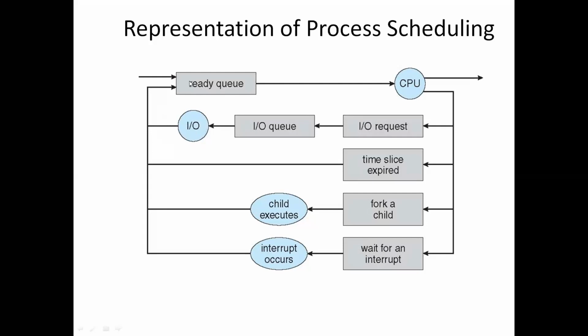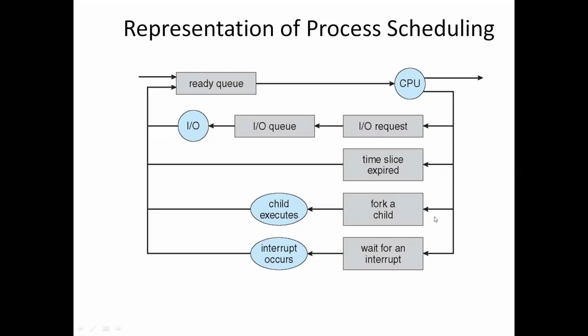Here, once the process is in the ready queue, that means it needs some resource, that is CPU. From the CPU, the process will shift to the IO queue with an IO request. At that time the process may need an IO resource. After getting this IO resource, the process will again shift back to the ready queue.